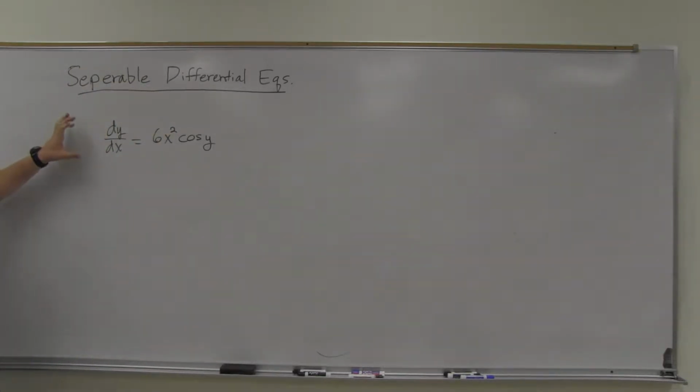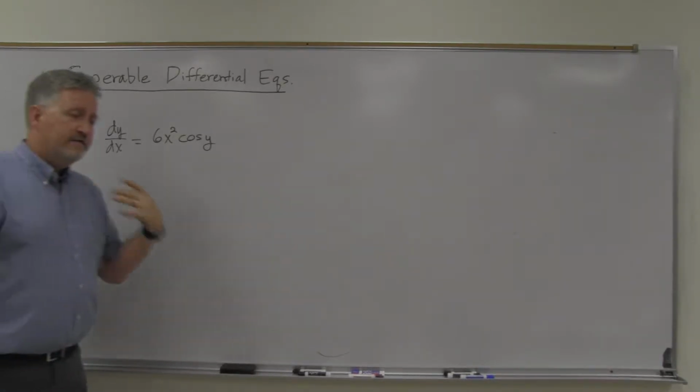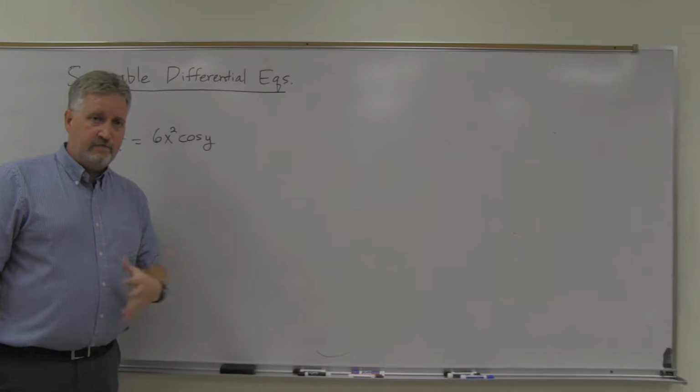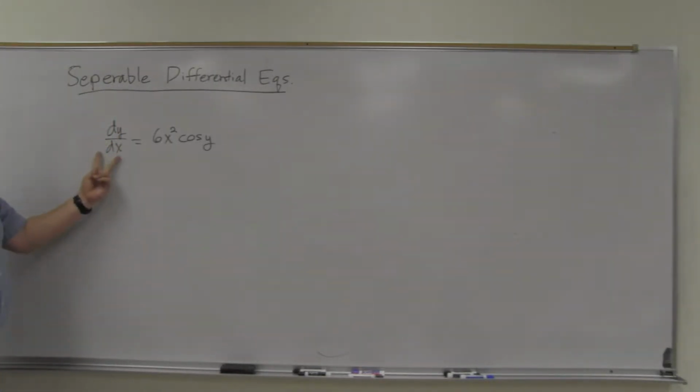Now notice here, this differential equation, I've got dy over dx. And that's important here. Instead of y prime, we're going to use the Leibniz notation dy over dx. Even if it doesn't start with dy over dx, we're going to use dy over dx instead of y prime.